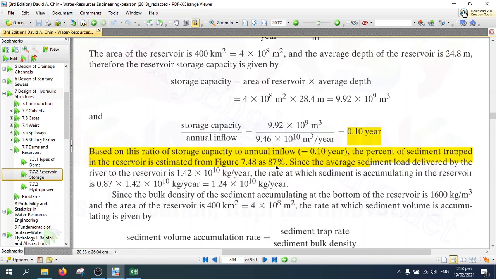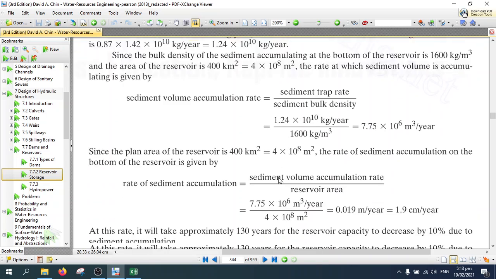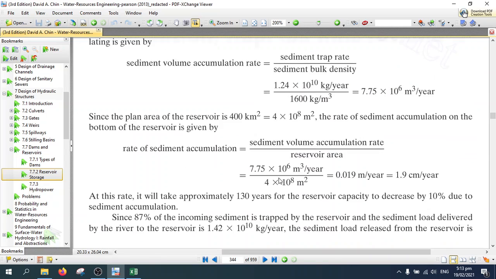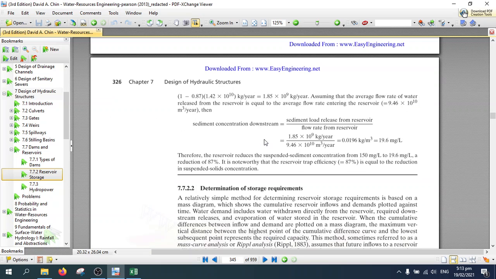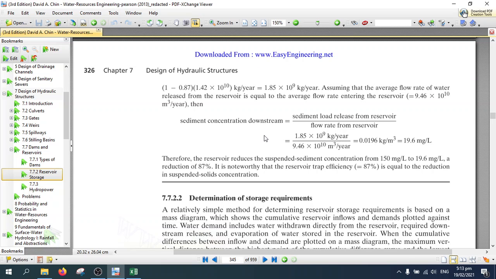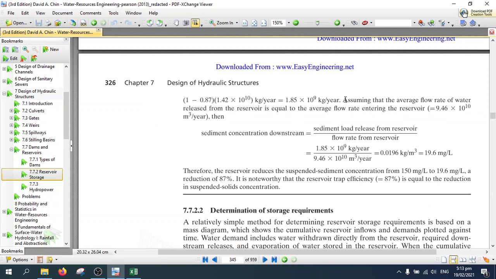So the example here is telling us that you can assume that the average outflow rate of the reservoir is equal to the average inflow rate.